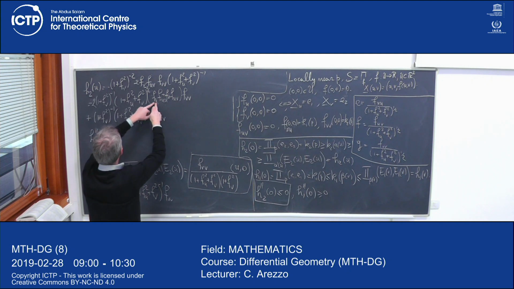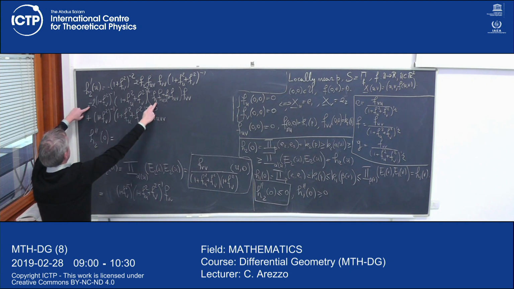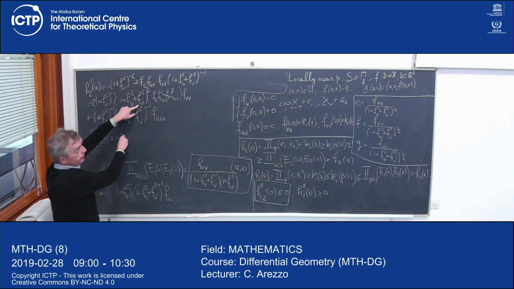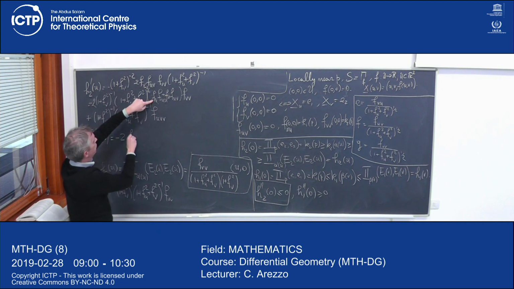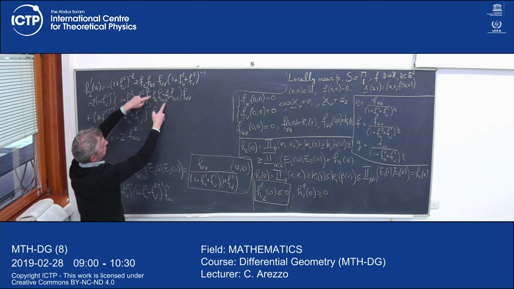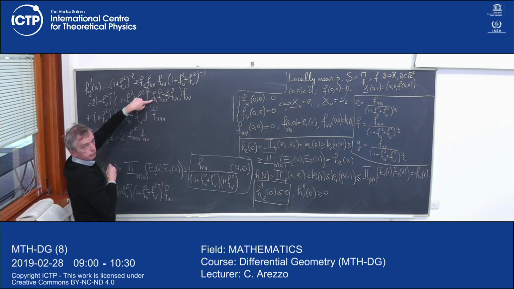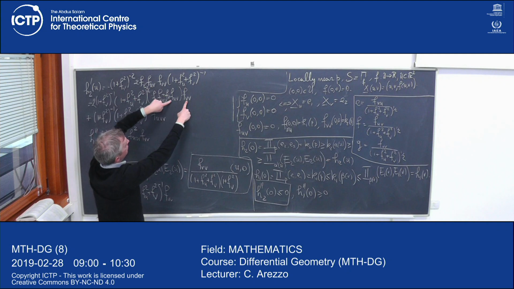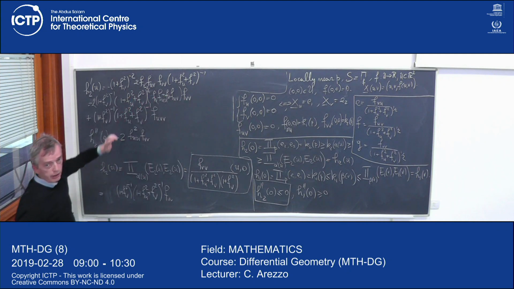Now let's write down what is left. Minus 2 times 1 times another 1 times fuu squared times fvv. And that's it, that's the only thing.